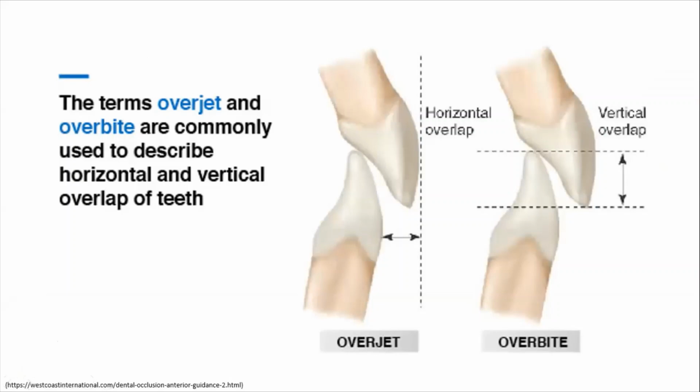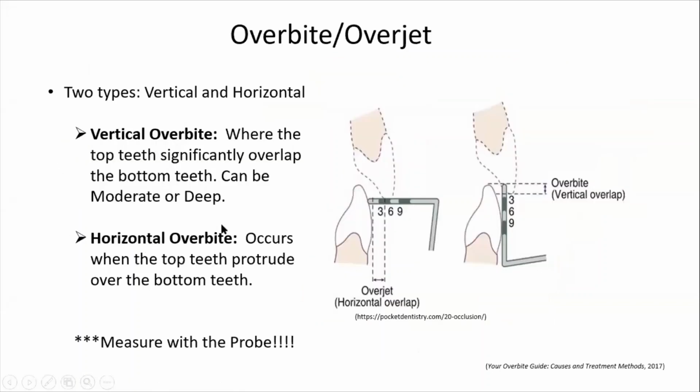So the terms overjet and overbite are commonly used to describe horizontal and vertical overlap of the teeth. The easiest way to remember these terms is that overjet is horizontal and overbite is vertical overlap. And so you're going to want to take your probe, and this is how you're going to want to measure it.